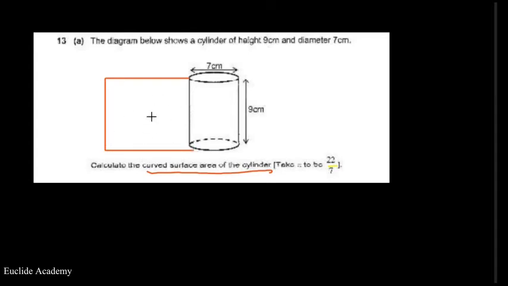Something like that. So it will make something like this, and we know that the height is h, which is 9 centimeters. From here it's the same, so this will be 9 centimeters.